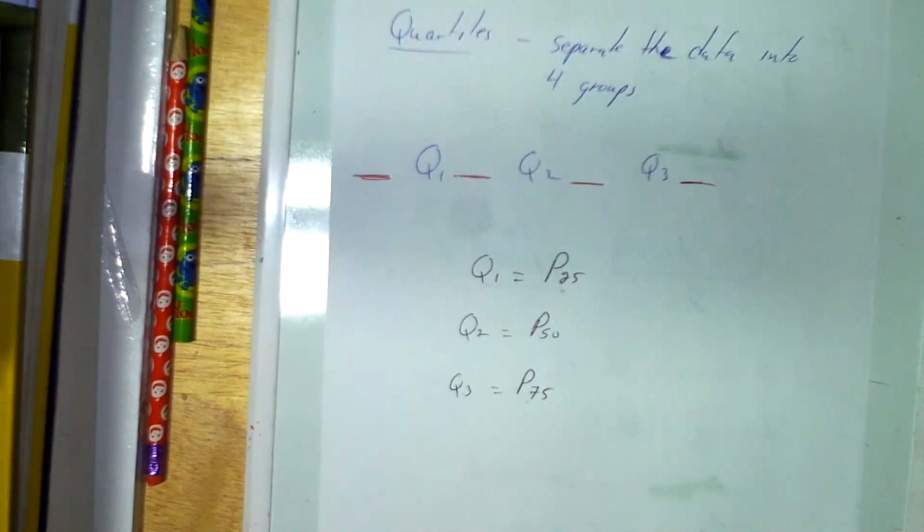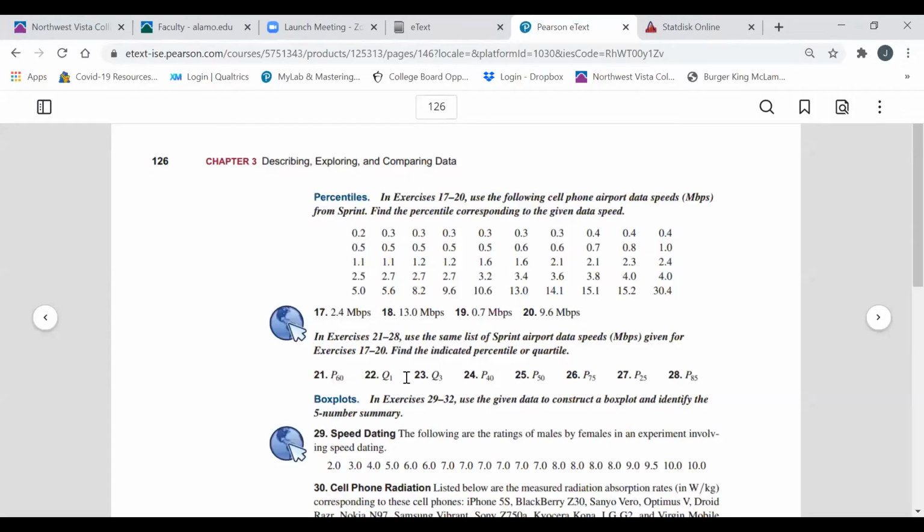So let's do one. Let's do the one in the book. Let's do number 23. I think 23 is in your homework, right? So let's find Q3. All right, so this is page 126, number 23. It says find Q3.